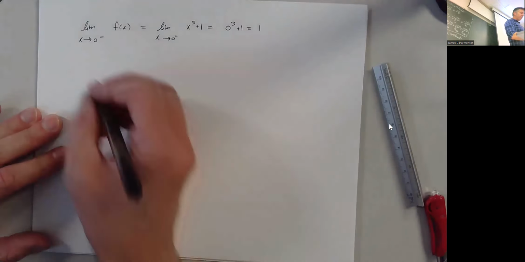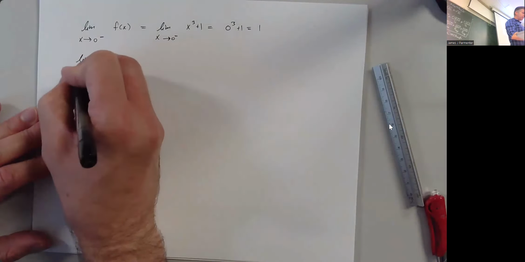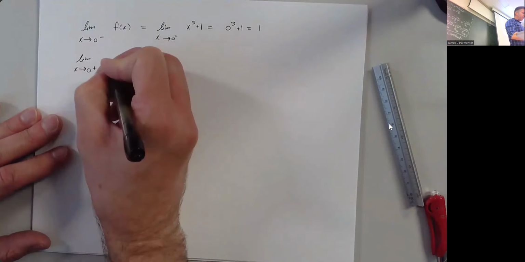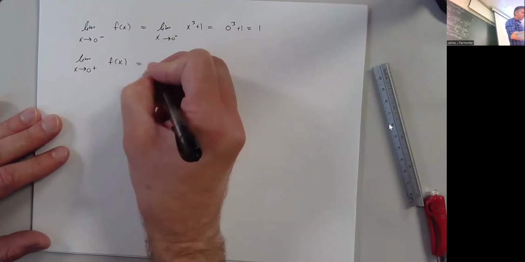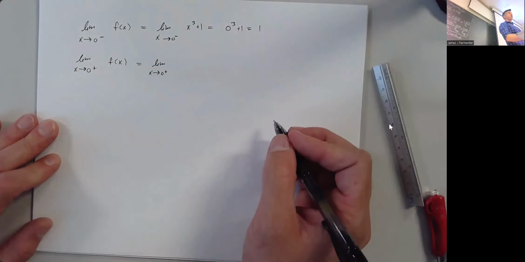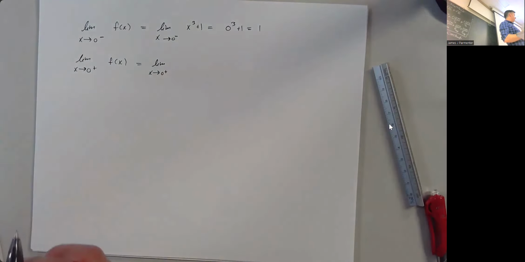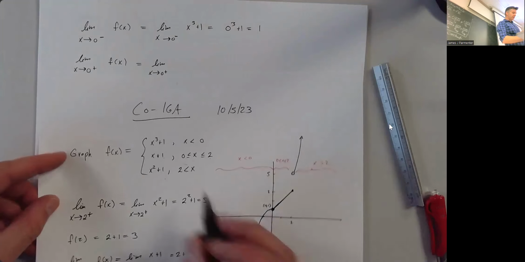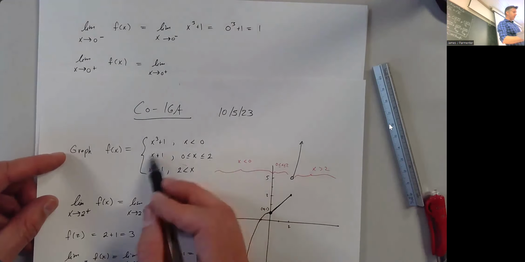Okay. And then from the other side, the limit as x approaches 0 from the right of f of x. We're going to use the piece where x is just bigger than 0, or bigger than or equal to 0, however it's defined. I think that piece was the x plus 1 piece. Yeah, when x is bigger than or equal to 0, the function is equal to x plus 1.